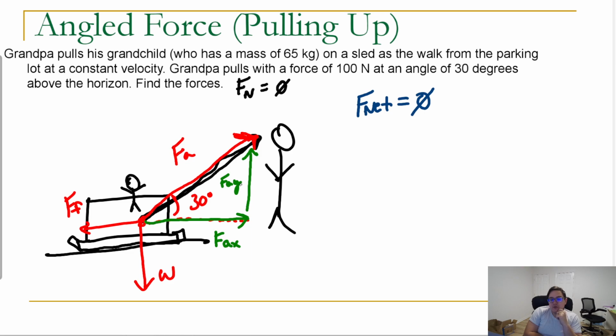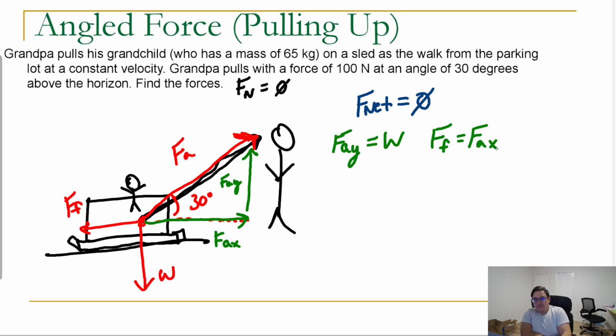Since F net equals 0, we know the force going up, force applied in the y direction, equals the force going down. And the force going left equals the force going right. That's it. Boom, done. But we have to figure out our numbers.